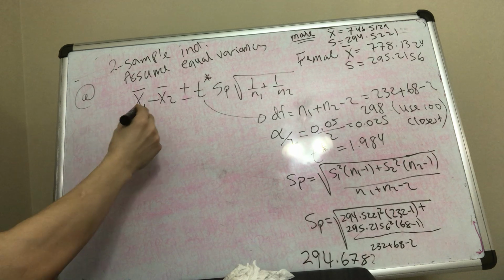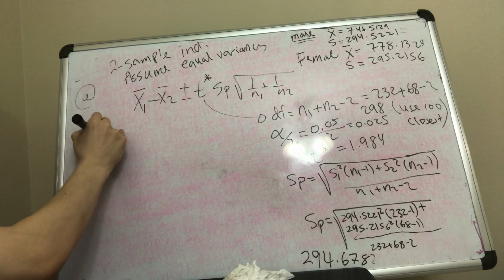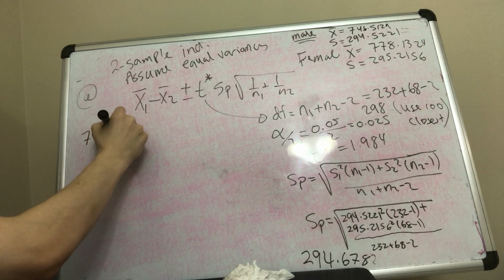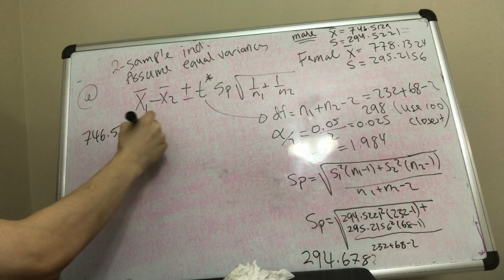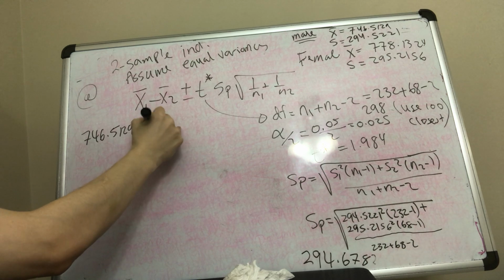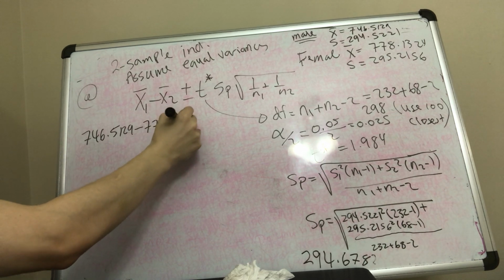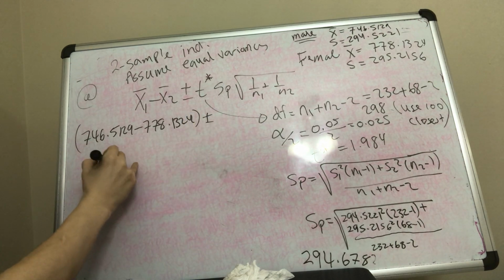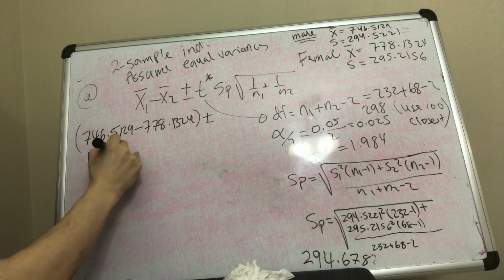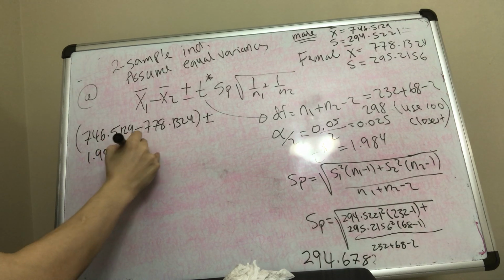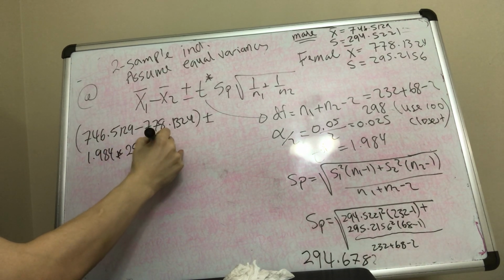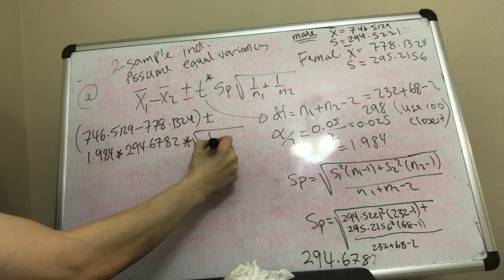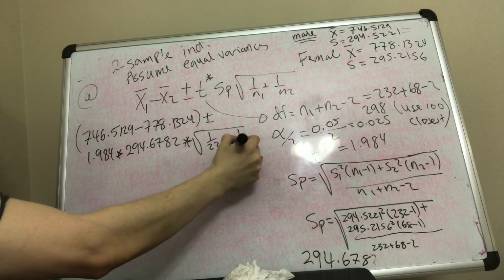So we put everything together. Average group 1 minus average group 2, plus or minus T star, SP, square root of 1 over group 1 plus 1 over group 2.